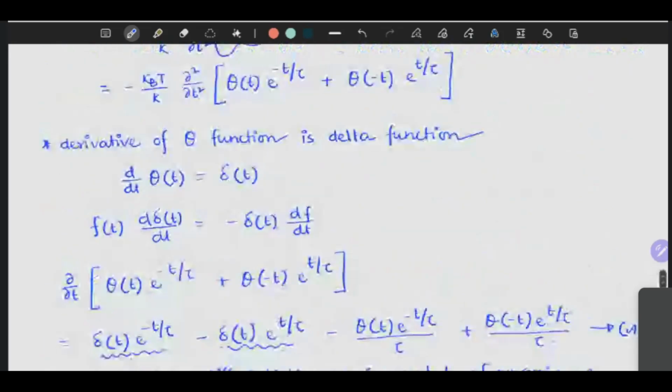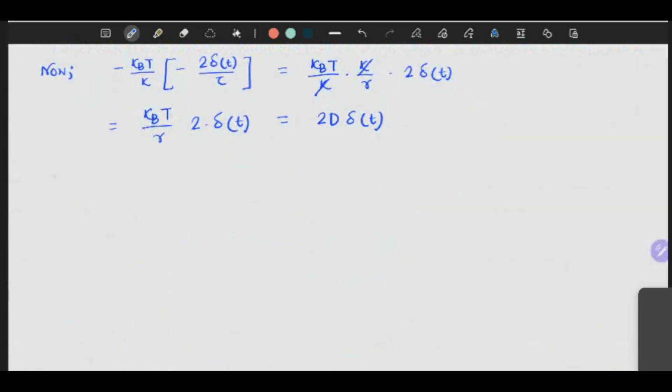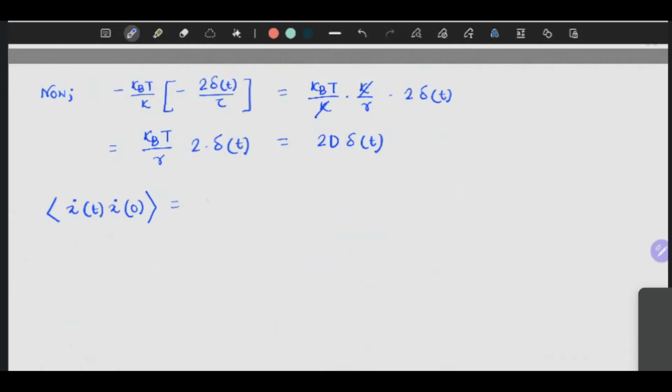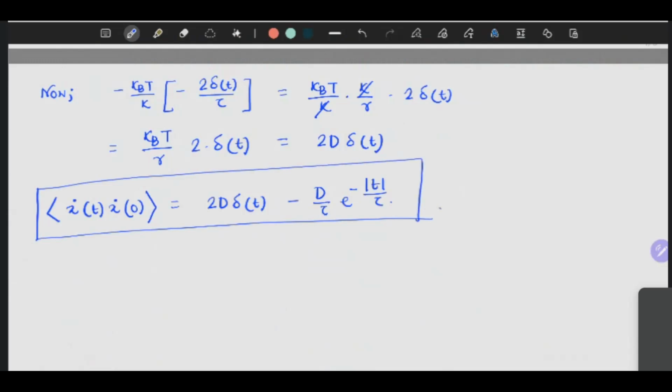So now from those two parts, x dot t x dot 0 becomes 2d delta t minus 2d delta t minus d by tau e to the power minus mod of t by tau. So this is the final expression. So we have proved it.